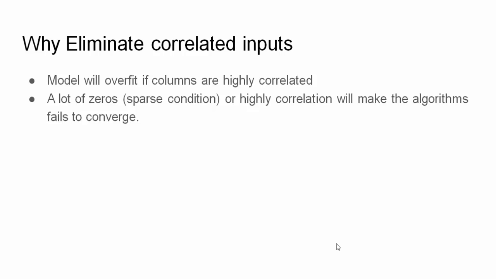Because if we give correlated inputs, the model will undergo overfitting, and a lot of zeros or sparse conditions or high correlation will make the algorithm fail to converge. So for these two reasons we eliminate the correlated values.